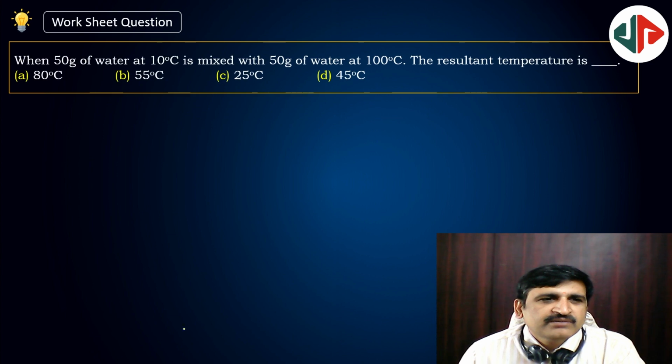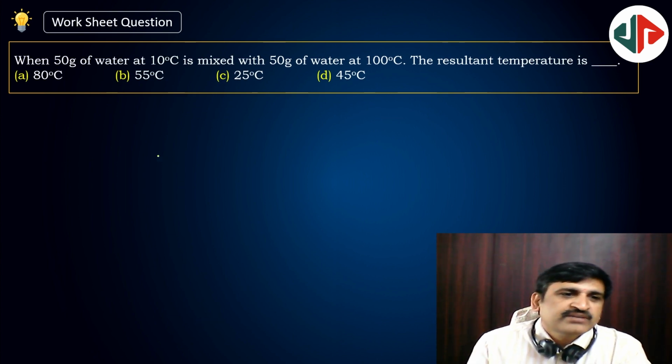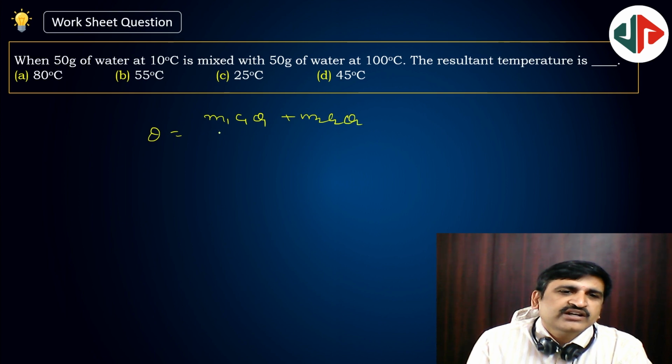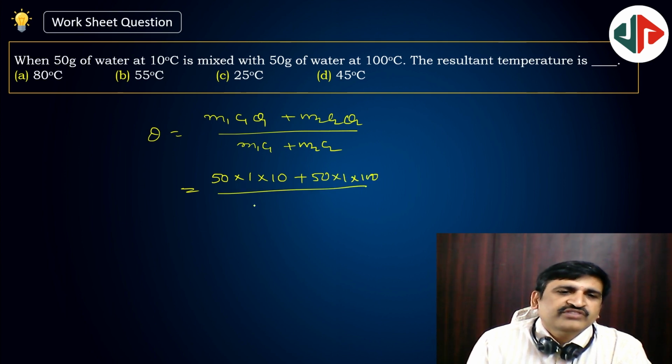When 50 gram of water at 10 degrees Celsius is mixed with 50 gram of water at 100 degrees Celsius, the resultant temperature is equal to (M1 C1 theta 1 plus M2 C2 theta 2) by (M1 C1 plus M2 C2). That is 50 into 1 into 10 plus 50 into 1 into 100, by 50 into 1 plus another 50.